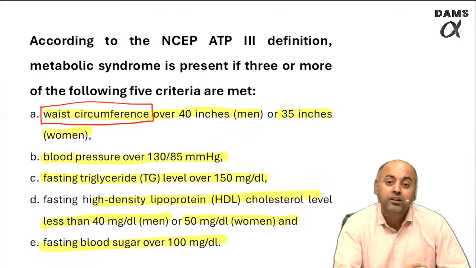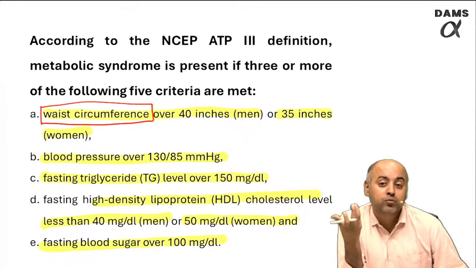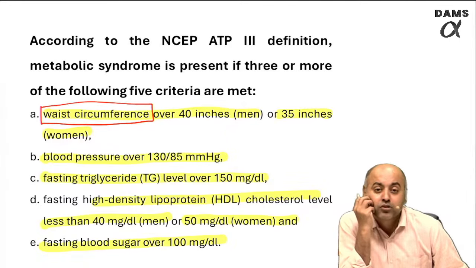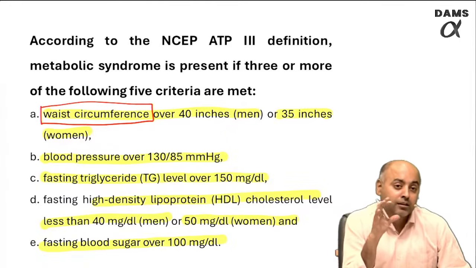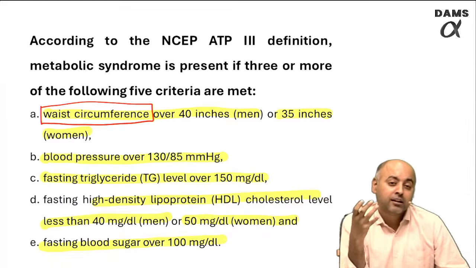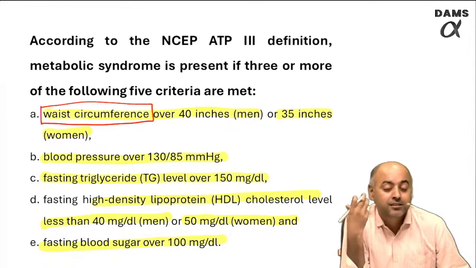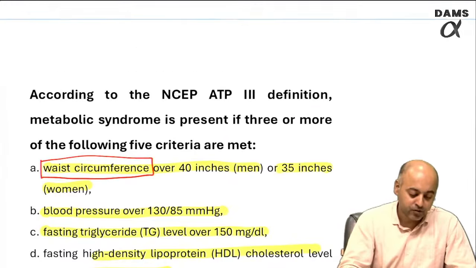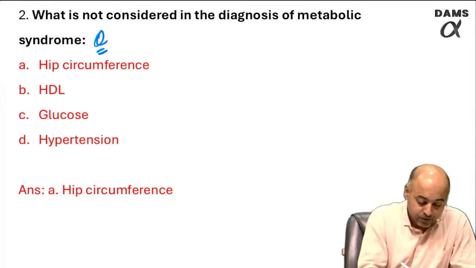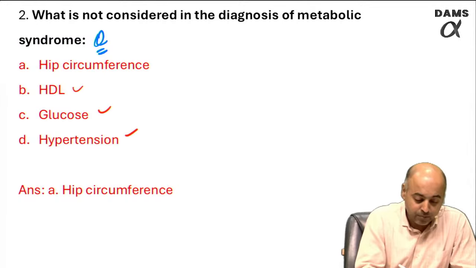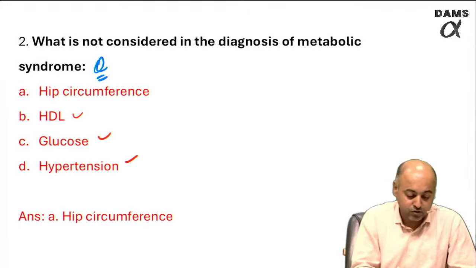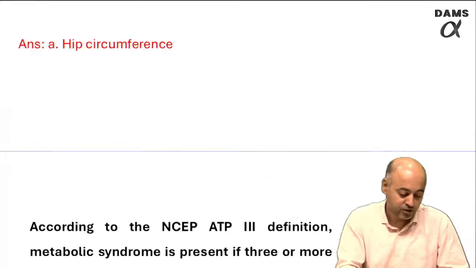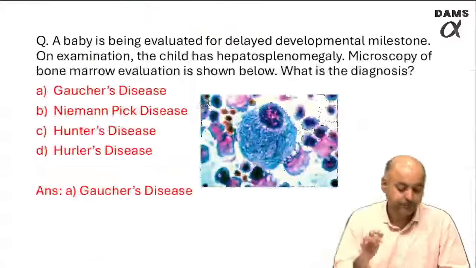It becomes very important in the current scenario, where metabolic syndrome is coming up as a very big problem, and there is talk of sensitizing the population also, that they should think about obesity as a disease, not just a lifestyle thing, and seek treatment for the same. So here the HDL, glucose, hypertension are part of the metabolic syndrome diagnosis, but not the hip circumference, rather it is the waist circumference which has to be kept in mind.